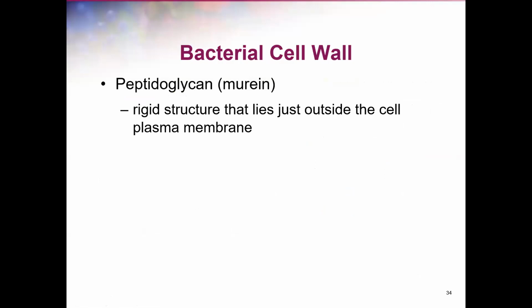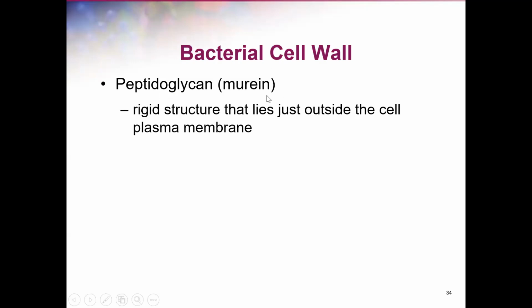Then we talk more about the bacterial cell wall. This is very critical, especially for bacteria. You see the so-called peptidoglycan. Peptido means peptide, basically a piece of amino acids or protein, and glycan is sugar.